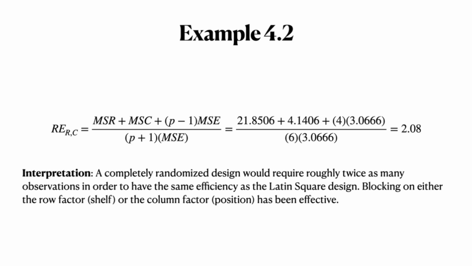And so the interpretation here would be that a completely randomized design would require roughly twice as many observations in order to have the same efficiency as this Latin square design. What that tells us is that blocking on either the row factor, the shelf, or the column factor, position, or both, has been effective.